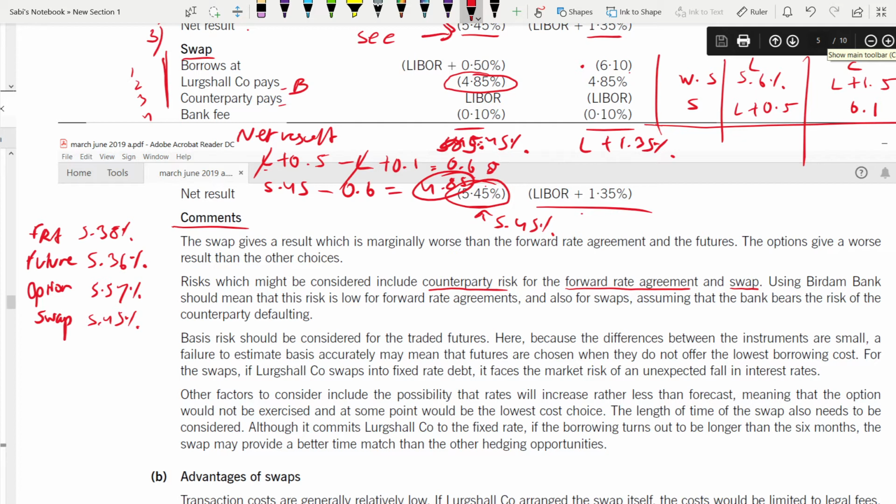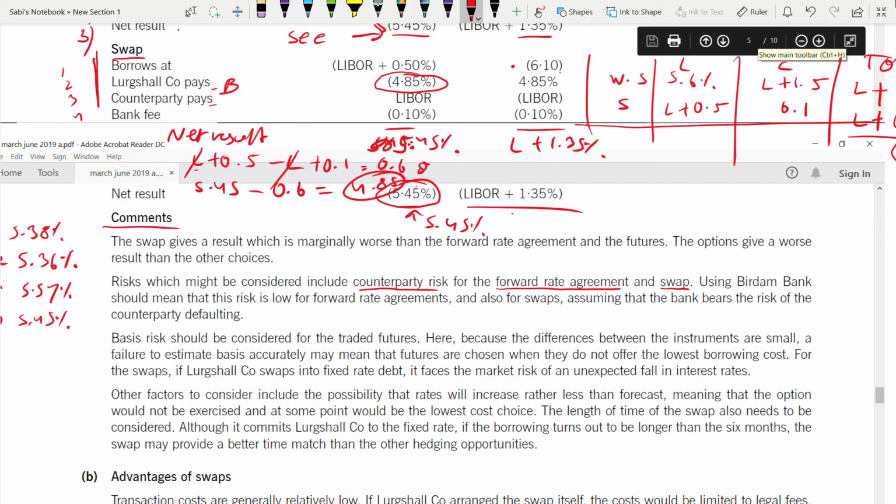It is not guaranteed that the counterparty will pay for swap and forward rate agreement. So the counterparty risk is there in these two derivatives. Using the bank should mean that this risk is low for forward rate agreement and also for swap, because we are using a bank, assuming that the bank bears the risk of the counterparty defaulting. Assuming, so assumption you can give. You are assuming that the bank will bear the counterparty risk.